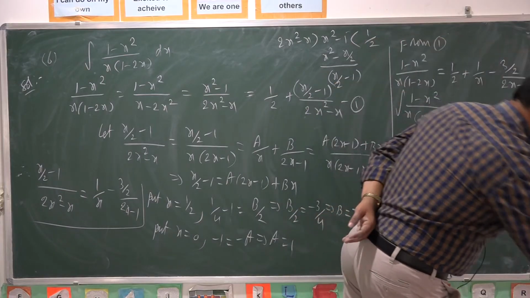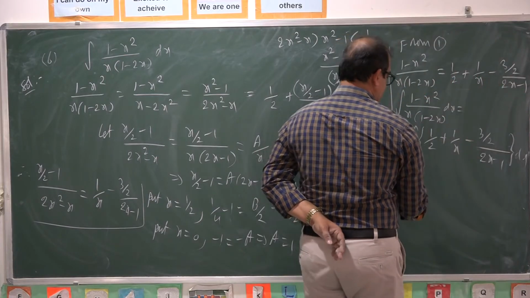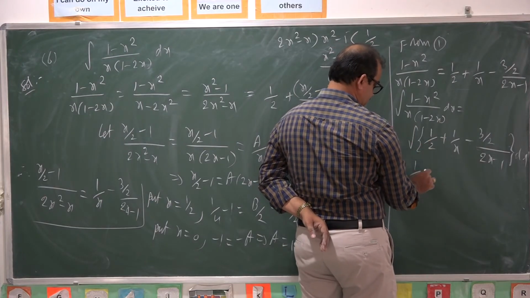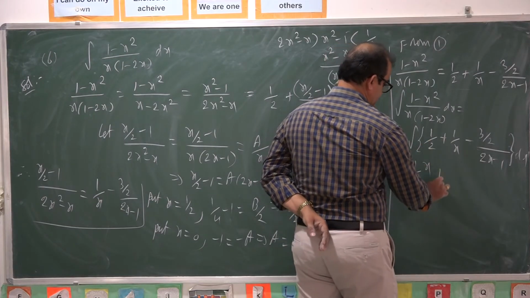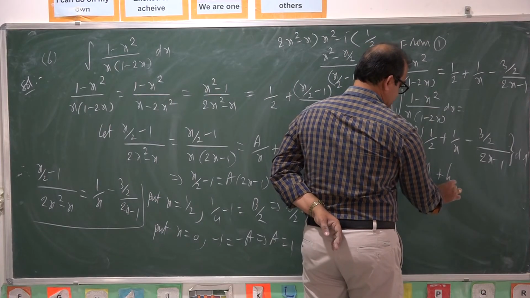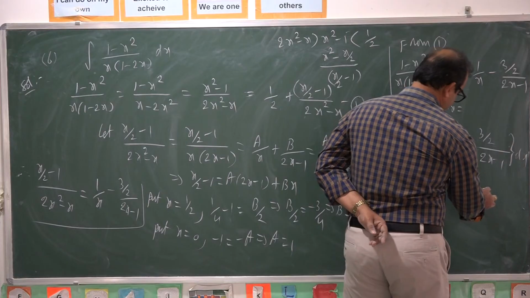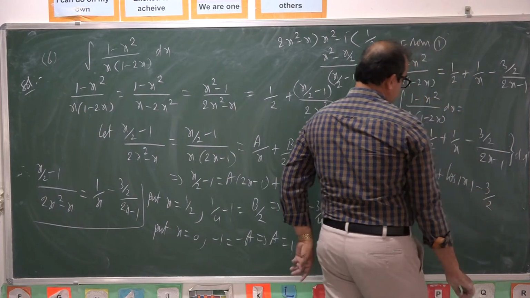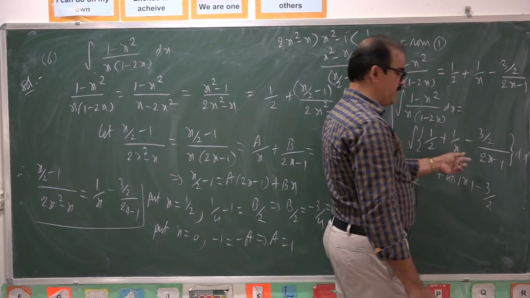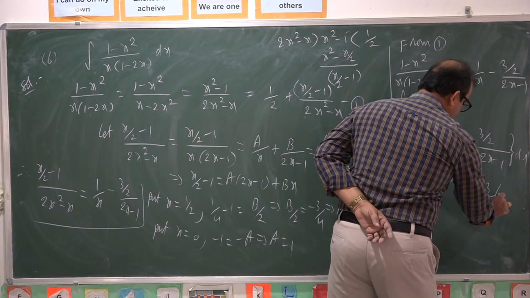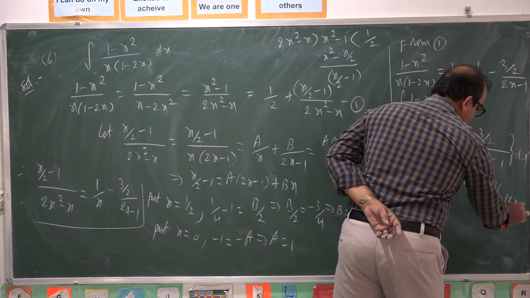Now integrate separately. 1 by 2 into integral 1 dx, that is x, plus integral 1 by x, log mod x, minus 3 by 2 into, if integral 1 by x dx is log x, then integral of this is log mod 2x minus 1.